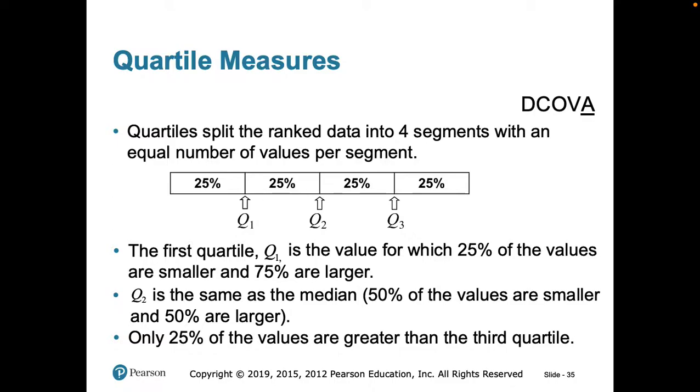Now, the second quartile is going to be the same as the median, which means 50% of the values are smaller, and 50% of the values are larger. That's right in your middle. And then only 25% of the values are greater than the third quartile, right? Only the fourth quartile will be greater than the third quartile.